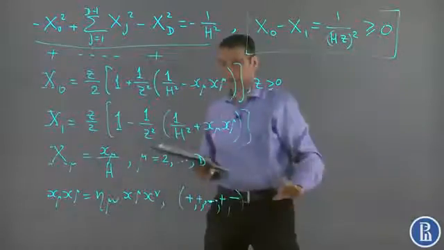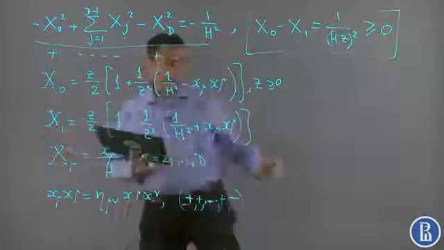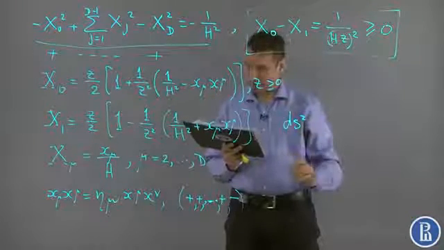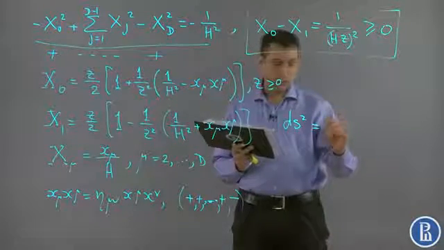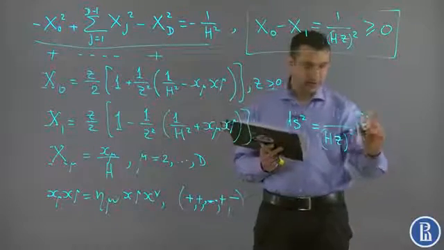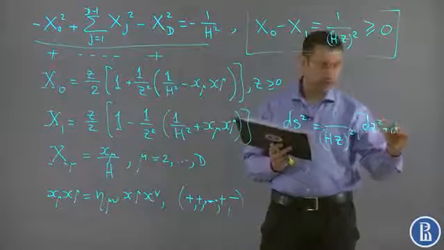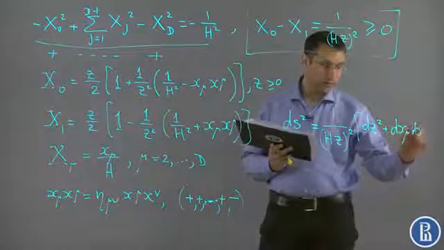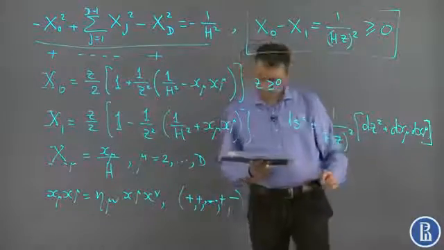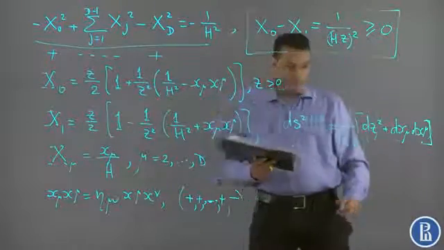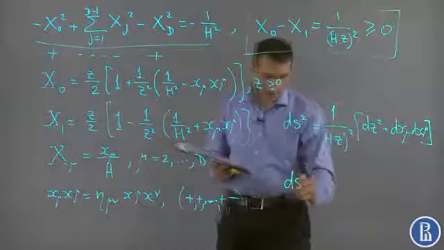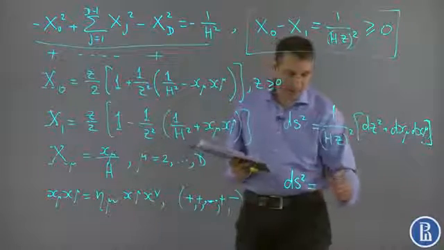And in fact, if one uses these coordinates, the induced metric on the anti-de Sitter space is just ds squared equal to 1 over hz squared, dz squared plus dx mu dx mu, which is very similar to the metric in expanding and contracting patches.